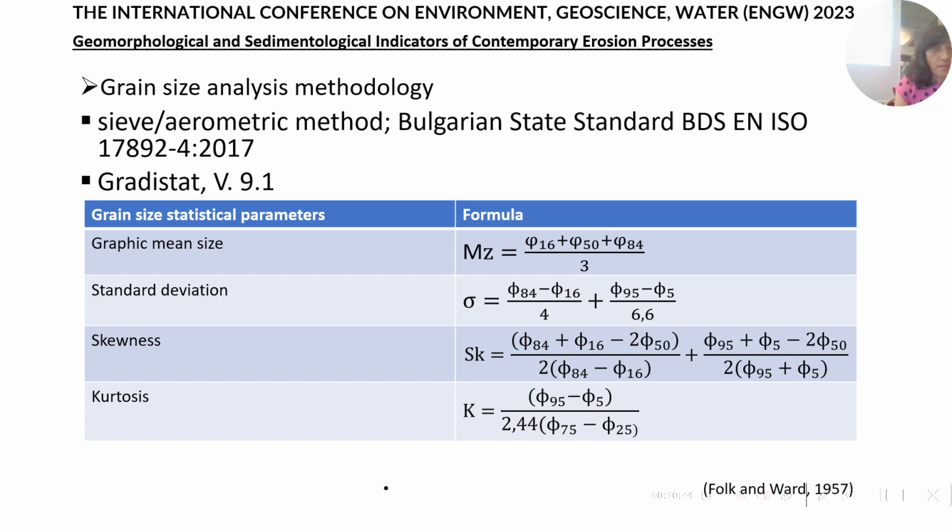These parameters can be calculated using the formulas given in this column. They are based on the diameter of the grain size at different percentages of the curves.